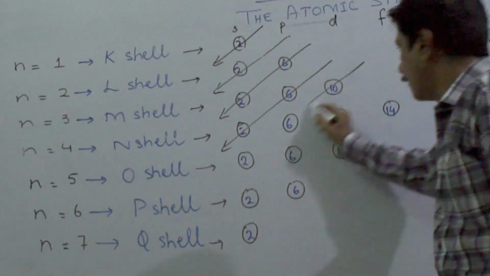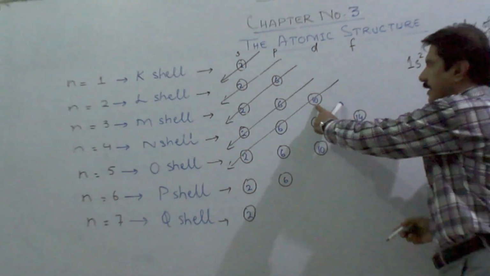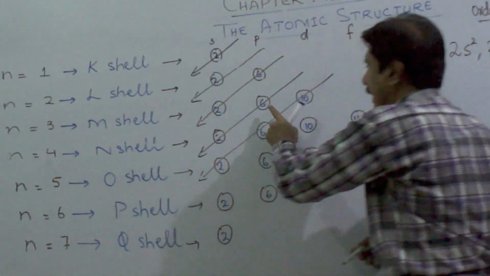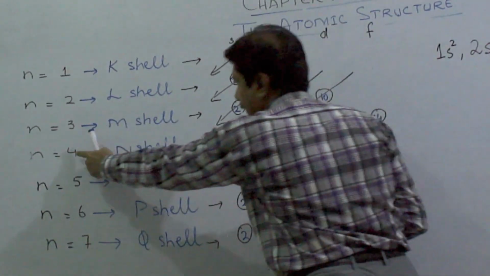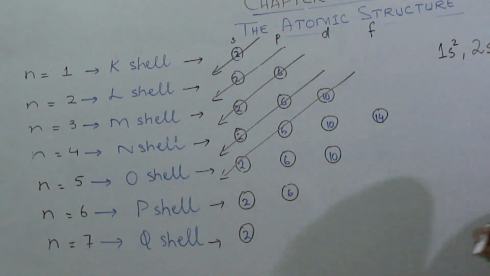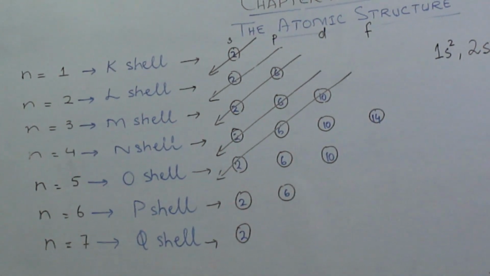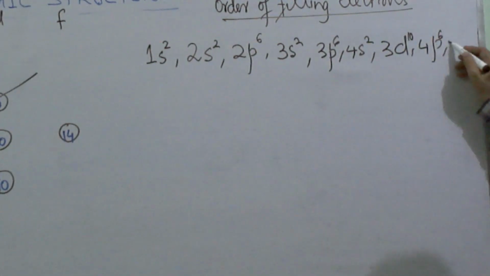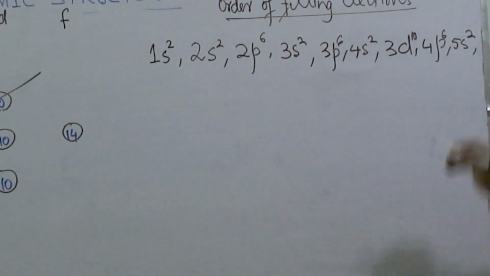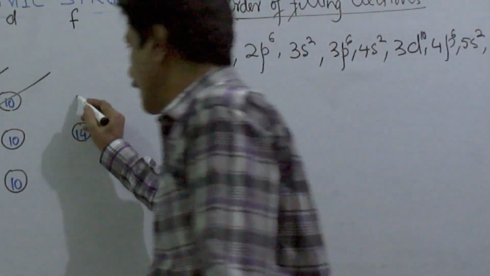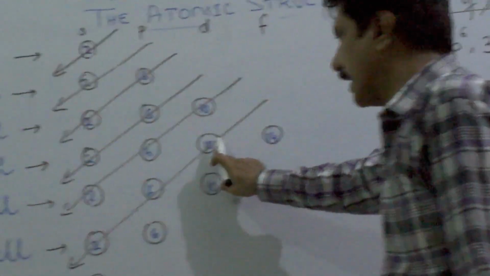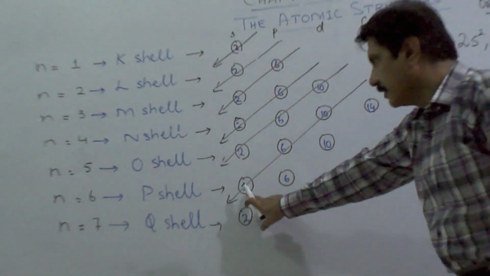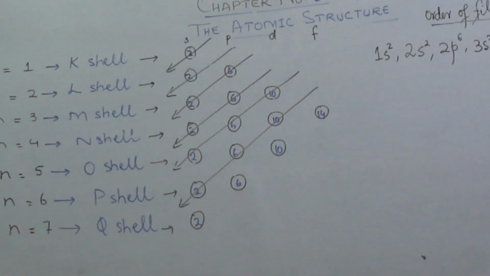Then following this arrow, 10 electrons will enter the d orbital of the third shell, followed by 6 electrons in the 4p and 2 electrons in the 5s orbital. So we write here 3d10, 4p6, 5s2. Then 10 electrons in the 4d, 6 electrons in the 5p, 2 electrons in the 6s.